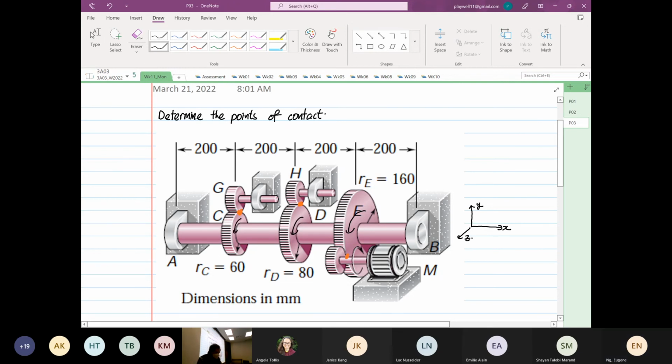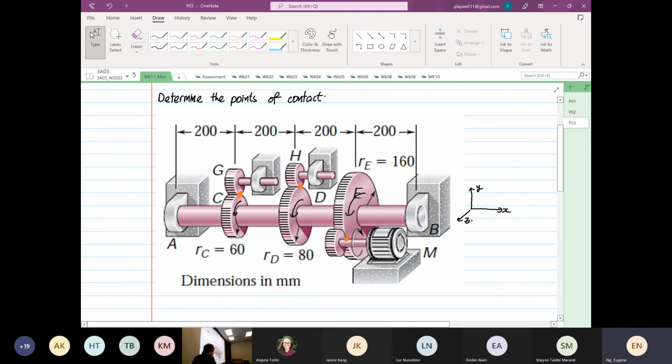So let's look at the gear. The applied force is going down this way. This is your applied force.